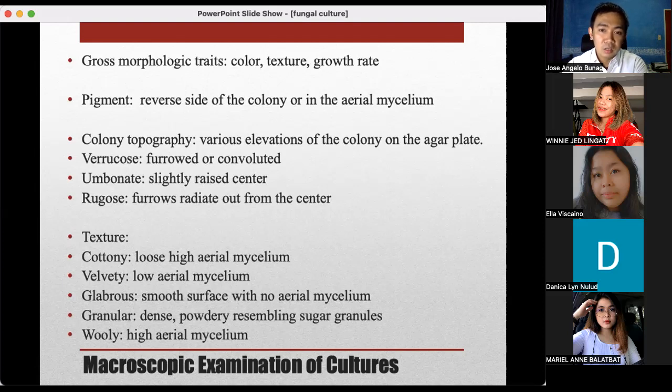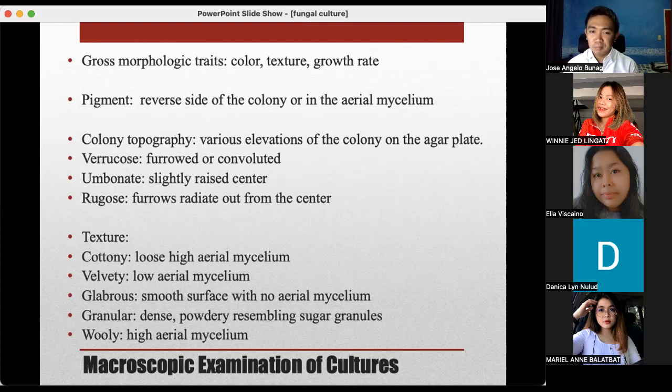So for macroscopic examination, there are texture classifications. For instance, ito yung glabrous. This is considered to be leathery or waxy with little, if any, aerial mycelium present.